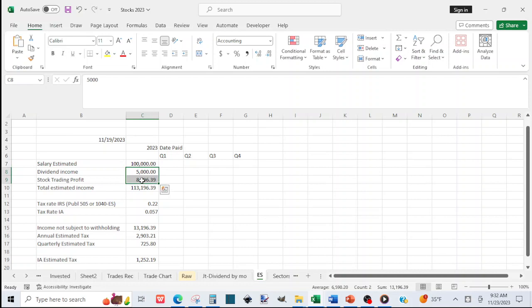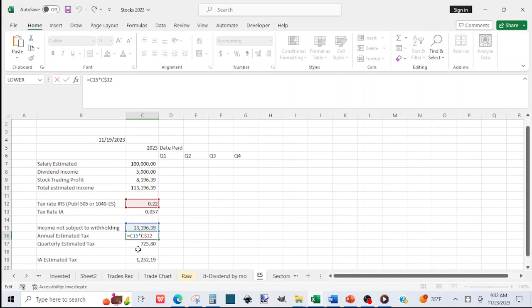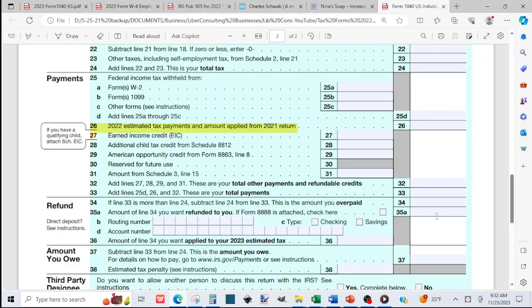So you take those passive income, in this example is 13,196, and you apply that 22% on it. So when you do that, it will give you the annual estimated tax, which is $2,900. So now you can look at the tax refund you received the previous year. If everything else will remain the same, you will look at the tax refund.